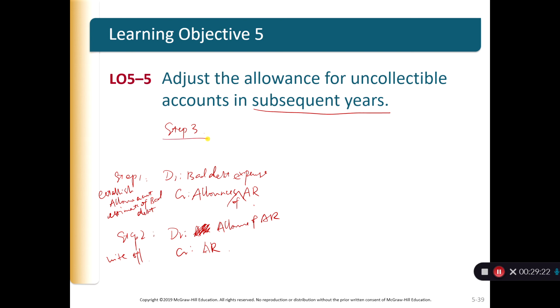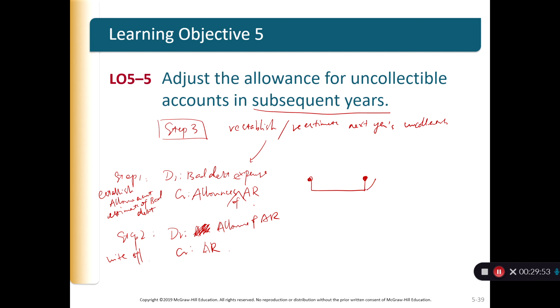Step 3 is to re-establish or re-estimate next year's uncollectibleness. Basically go back to the first step again. So step 1, establish bad debt. Step 2, figure out how much you really didn't collect.